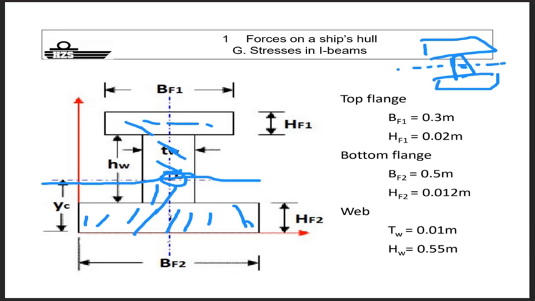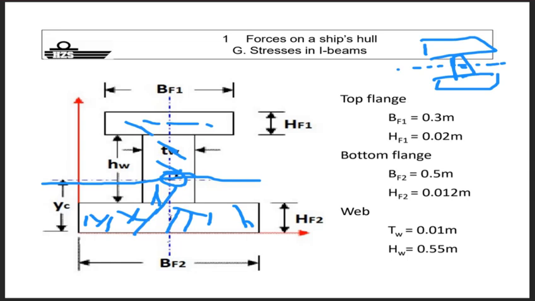But here you see you have much more material below than you have material above. So your neutral axis will be positioned a bit more downwards. And this is comparable as well with a vessel. A vessel's neutral axis is always positioned a bit lower.